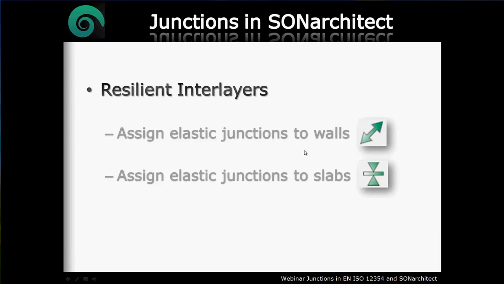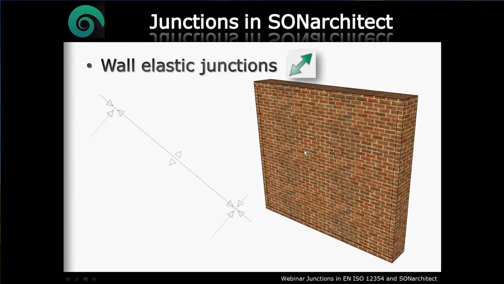In order to do that, we developed a schematic, or a language, to assign elastic junctions to walls and to slabs in the building model. So I will present here just the concepts of this language, or this interface, to insert elastic junctions in projects.